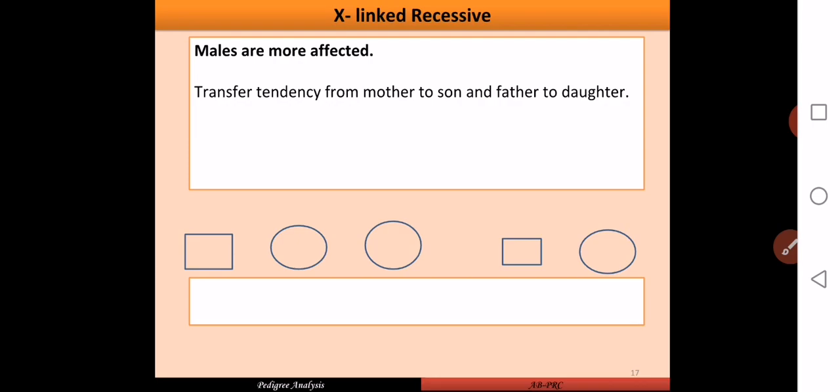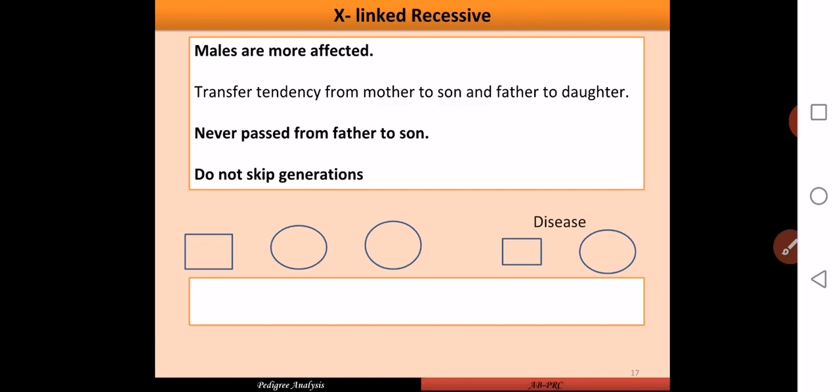The transmission tendency is from mother to son and father to daughter, right? The X-linked dominant trait was not like this; it was from father to daughter, which was the more probable chance. Here it is never passed from father to son, and it does not skip generations.